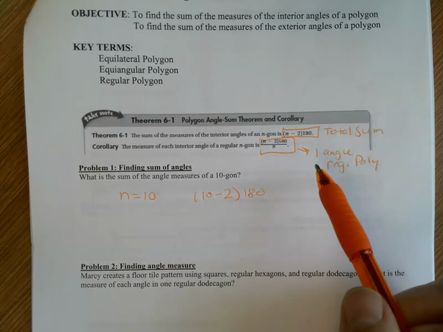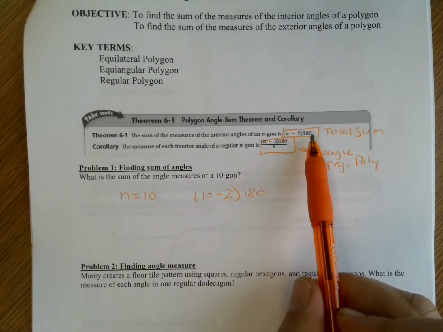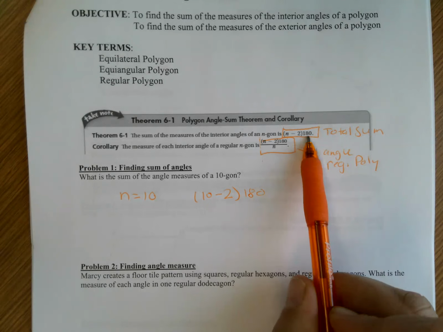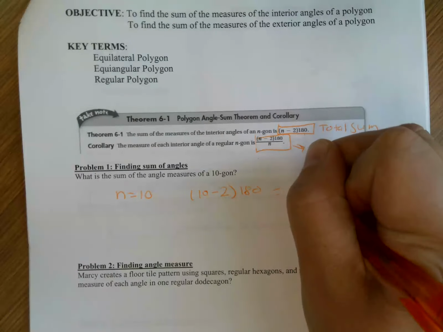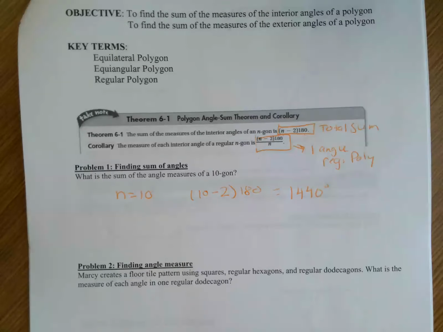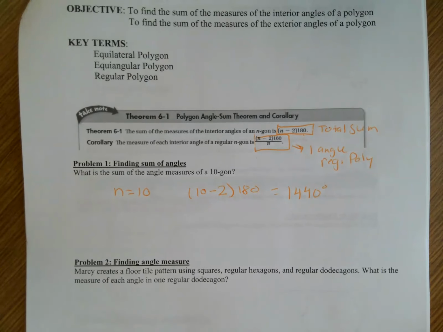The reason why this works is because we can cut every polygon into different triangles, and all the angles in a triangle add to 180. If I plug this into my handy dandy calculator, my total sum is equal to 1,440 degrees.